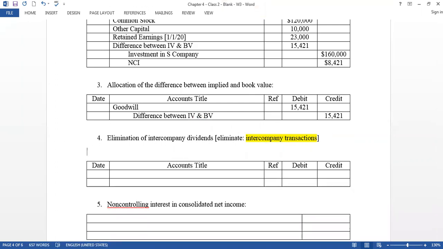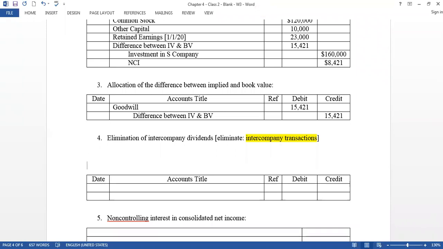For your information, if you remember your Principles of Accounting 1 course, dividend declared is debit. When we record dividend declared, it is debit. For example, $19,000.